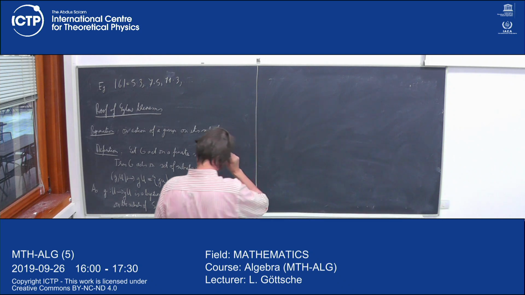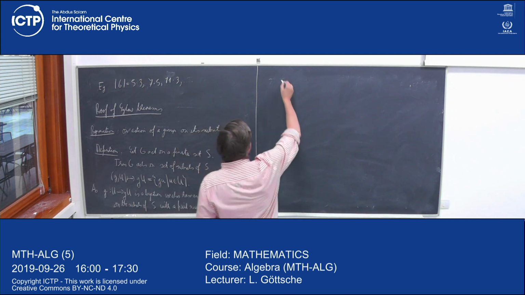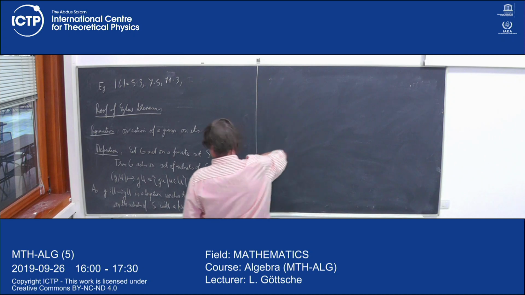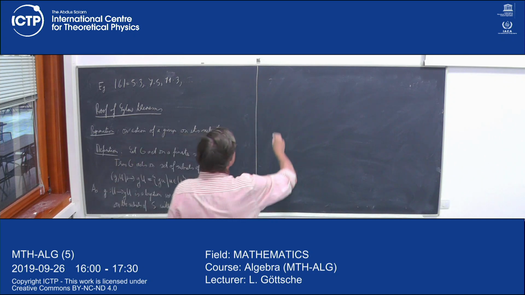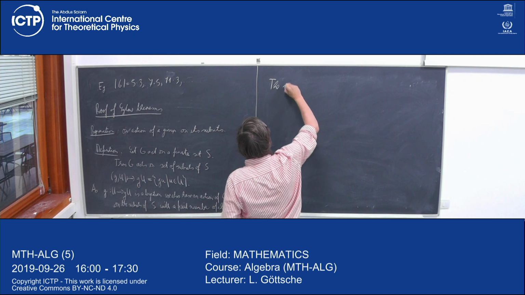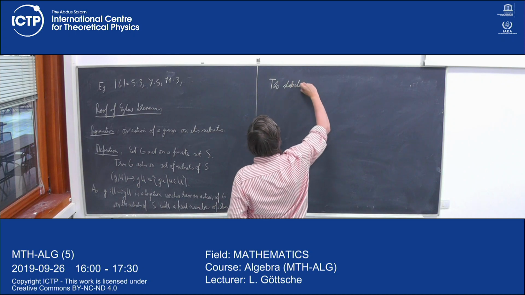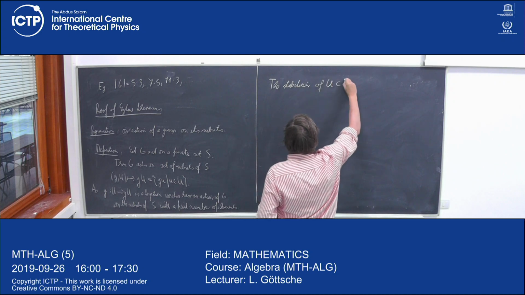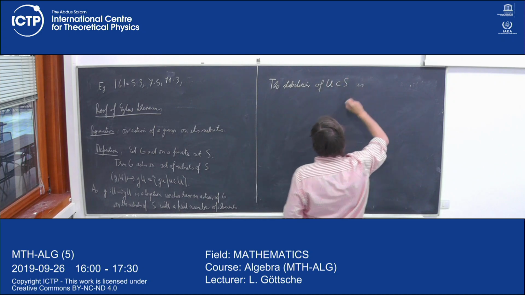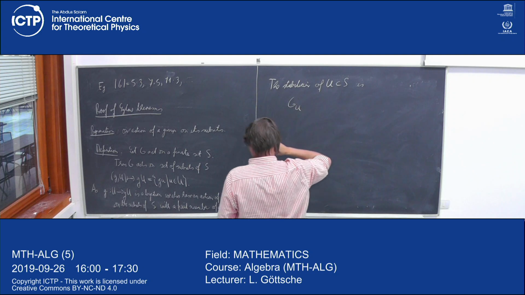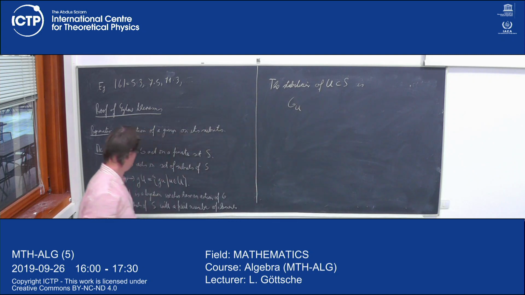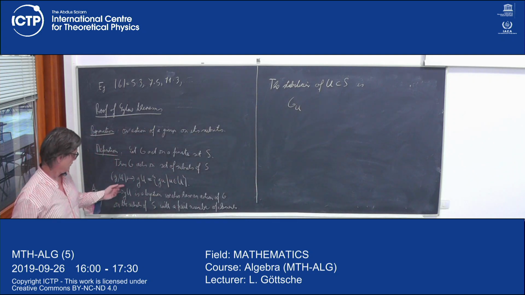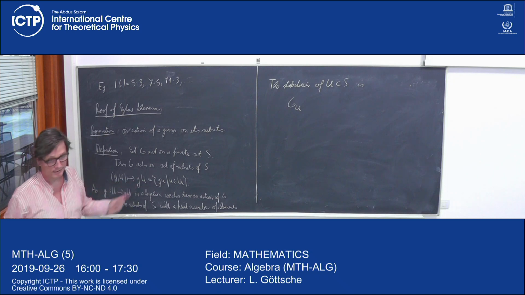I should also at least introduce one more word, namely, in the situation here, the stabilizer of a subset U, which is G_U. This is supposed to be the set of elements such that U is sent to U under this action.